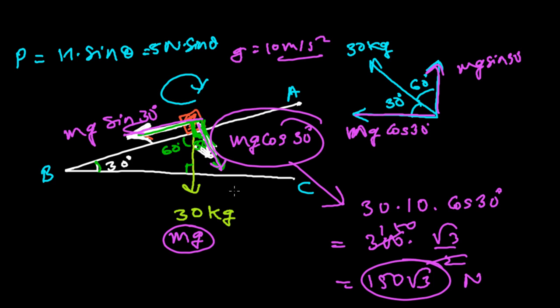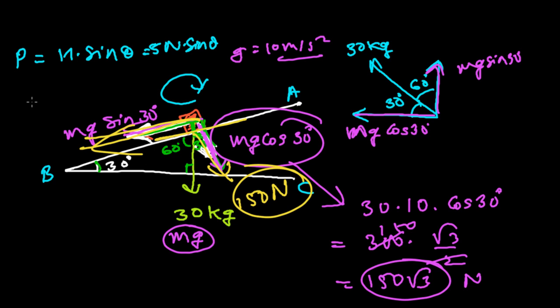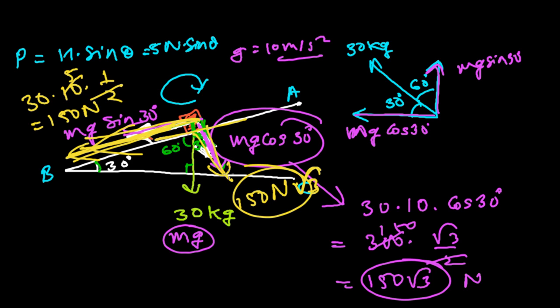So the force acting perpendicular to the inclined plane is 150 root 3 Newton. Now let's find the component along the inclined plane: m is 30 kg, g is 10, and sine 30 is 1 by 2. So 2 times 5, 5 3s are 15, that is 150 Newton. So 150 Newton along the inclined plane, and 150 root 3 perpendicular to the inclined plane. This is how we resolved a vector along the inclined plane and perpendicular to the inclined plane.